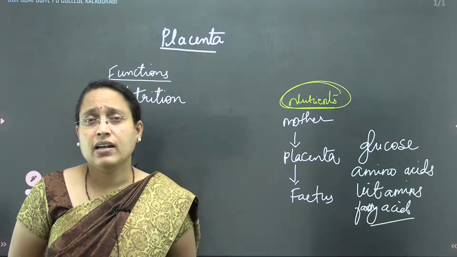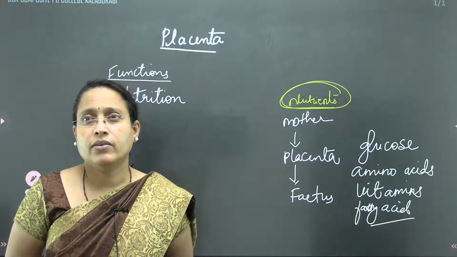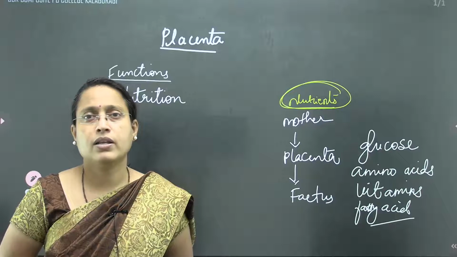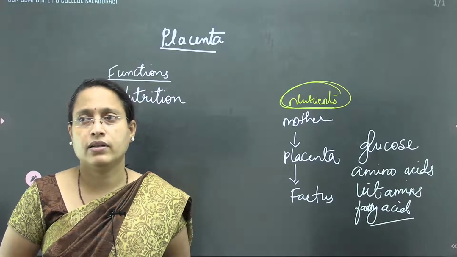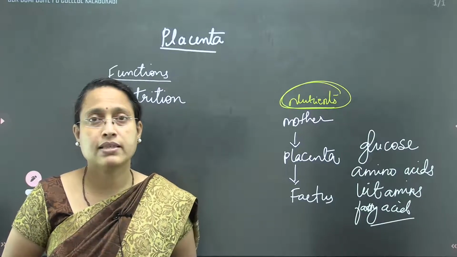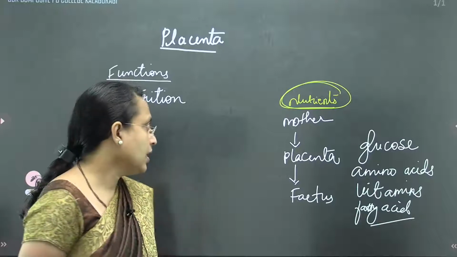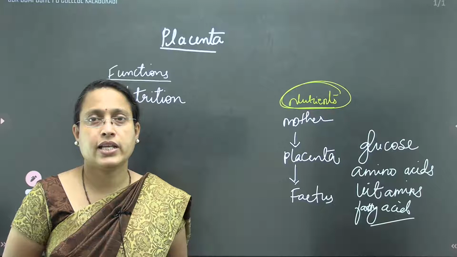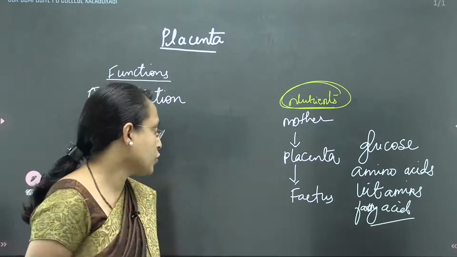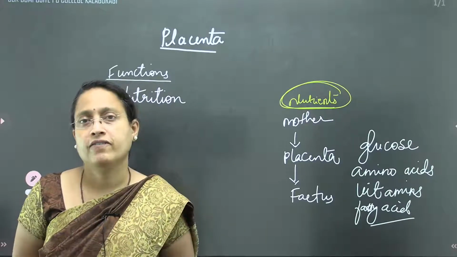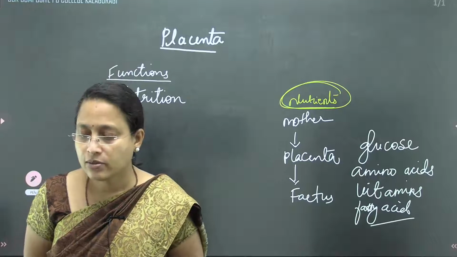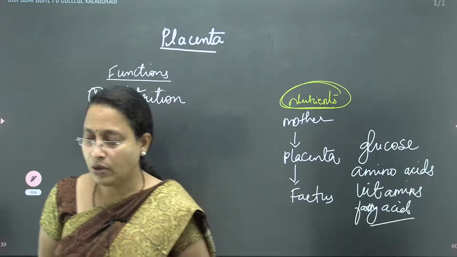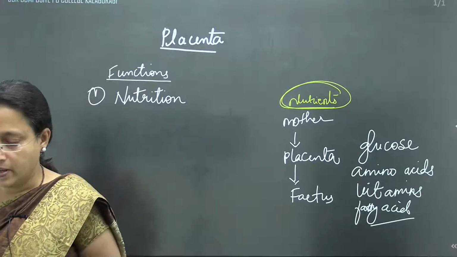The digestive system and all are still developing, so a lot of demand is there for energy, and that's why the placenta has a role now. It is going to mediate this transfer of nutrients from mother to fetus. Okay, so that is about the function of the placenta.